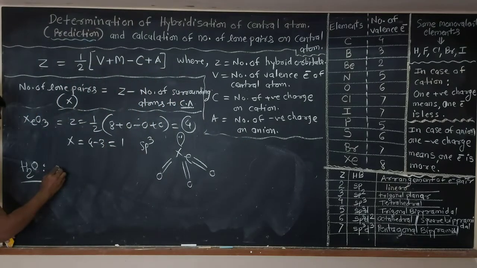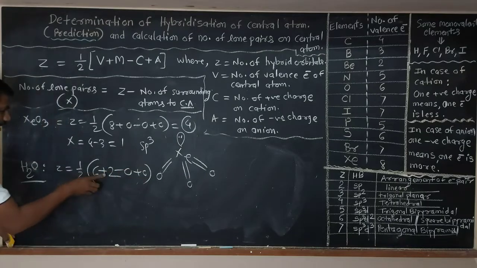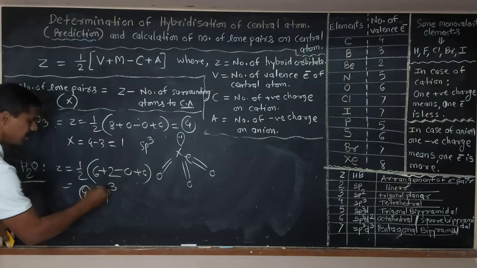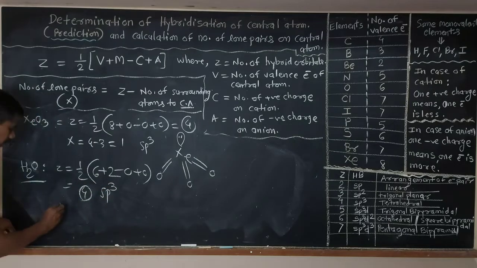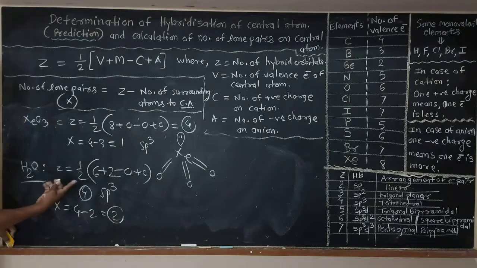Then Z is equal to, for oxygen, 1/2 into 6 valence electrons, plus 2 for hydrogen, monovalent, minus 0 plus 0, it is equal to half into 8, 4, means sp3. Number of lone pairs, X is equal to 4 minus surrounding 2 is equal to 2 lone pairs, means 2 bond pairs.